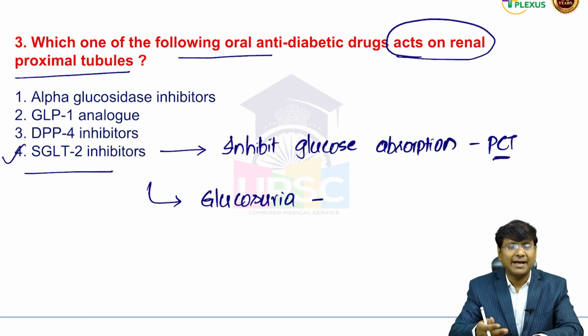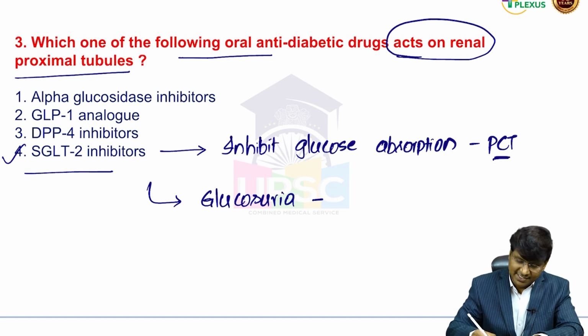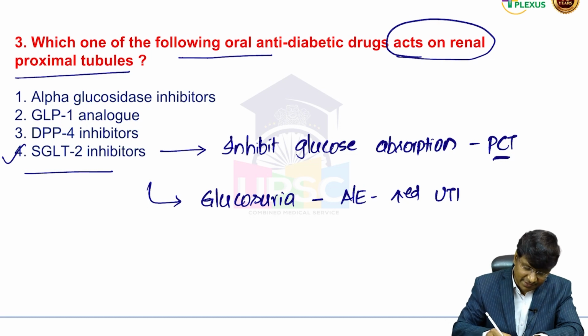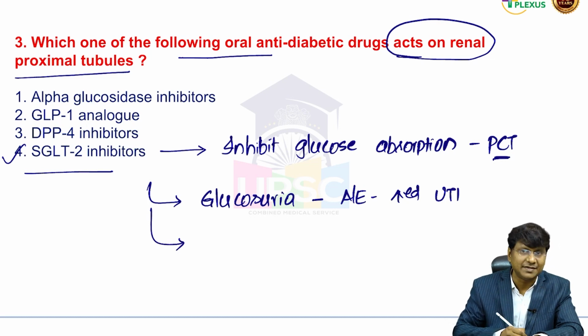So what will happen to the quantity of glucose in the urine? It is increased, and thereby in these individuals, the very important adverse effect is that they are at increased risk of urinary tract infection. And what are the examples of these SGLT2 inhibitors?